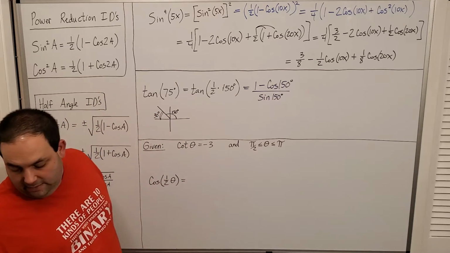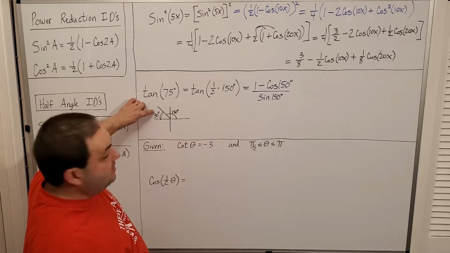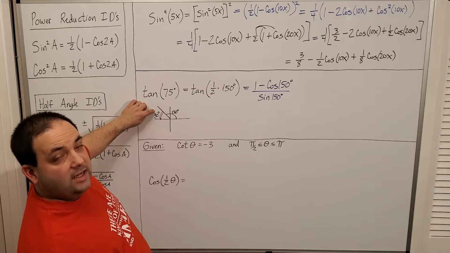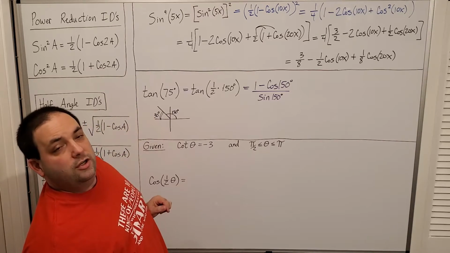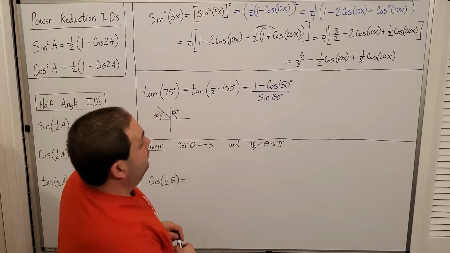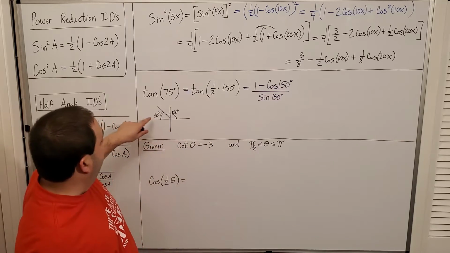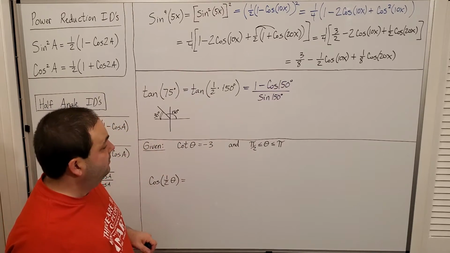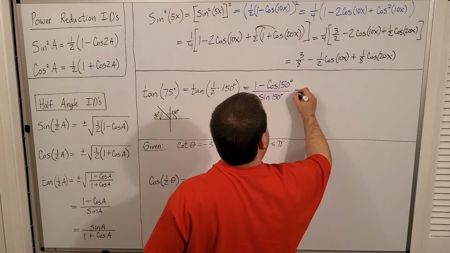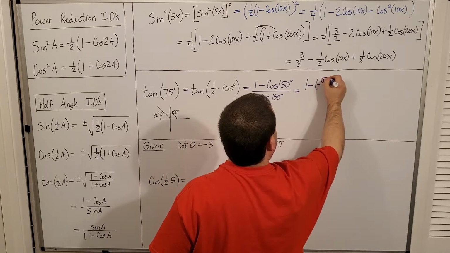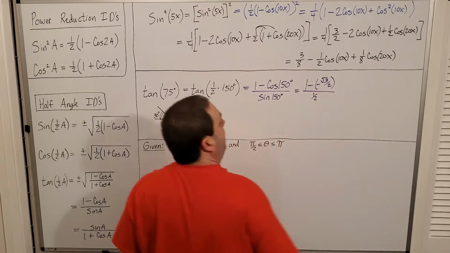So therefore, in that second quadrant, I will have a cosine that is negative and a sine that is positive, and I'm going to use the numbers from the 30-degree angle. The cosine of 30 degrees is square root of 3 over 2. The sine of 30 degrees is 1/2. So the cosine of 150 is negative square root of 3 over 2. And the sine is also positive 1/2.